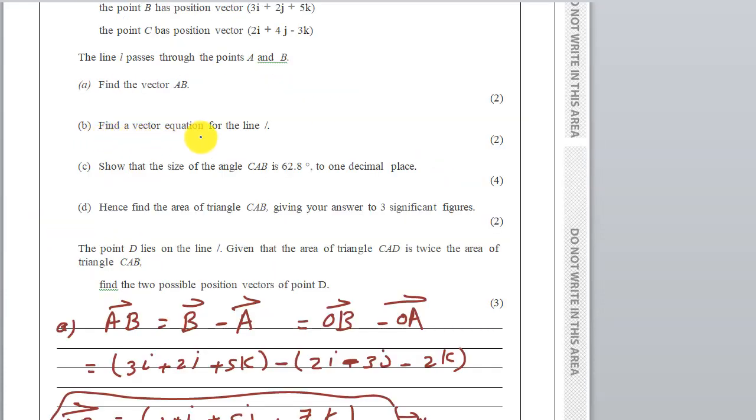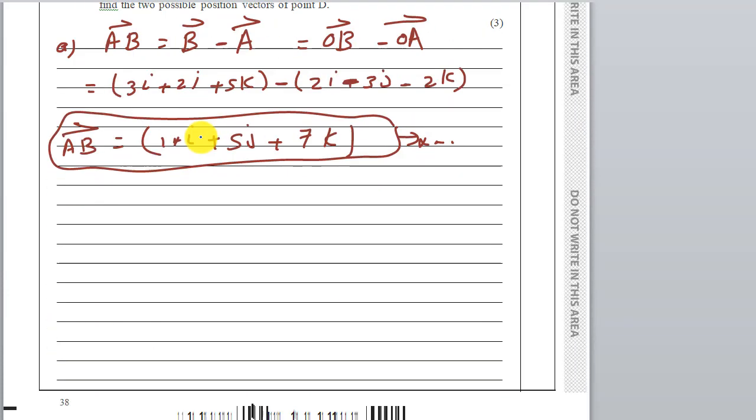Find a vector equation of the line L. So the vector equation, this is part B. R as a vector, the position vector, is equal to OA plus lambda AB.